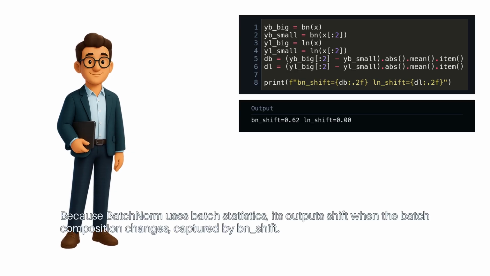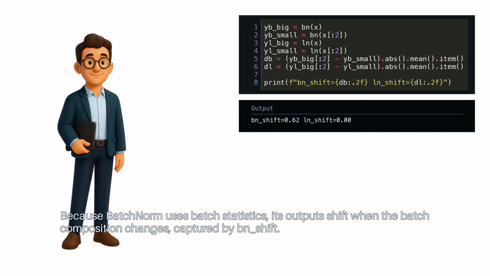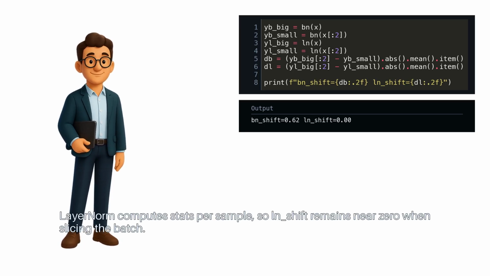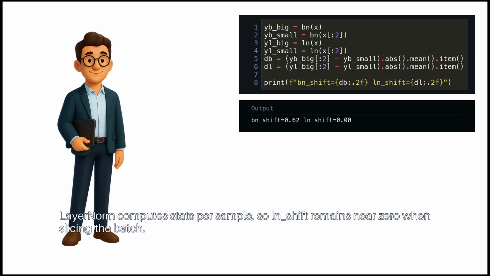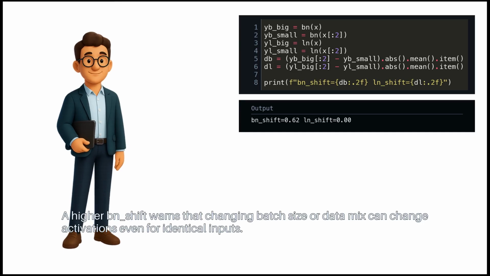Because BatchNorm uses batch statistics, its outputs shift when the batch composition changes, captured by Bn shift. LayerNorm computes stats per sample, so Ln shift remains near 0 when slicing the batch. A higher Bn shift warns that changing batch size or data mix can change activations even for identical inputs.